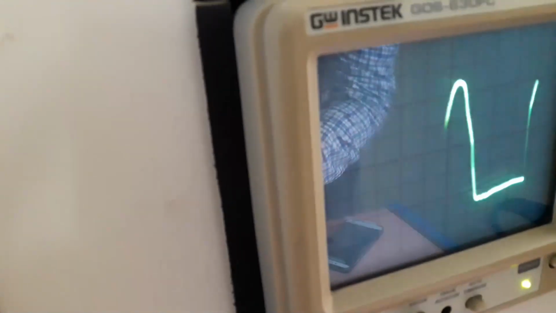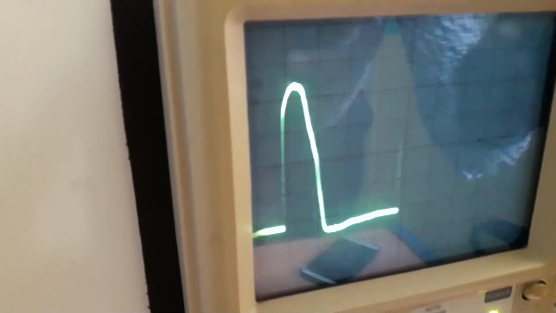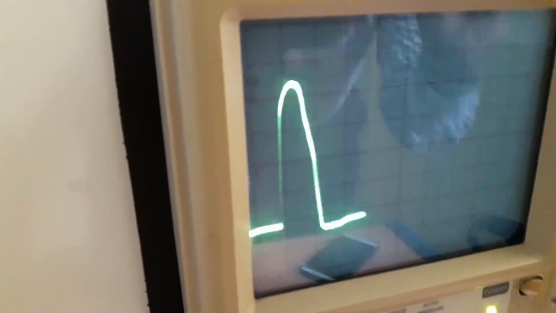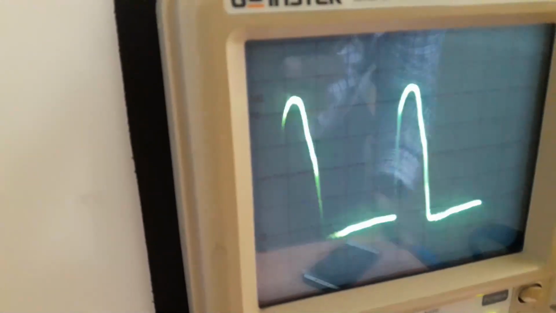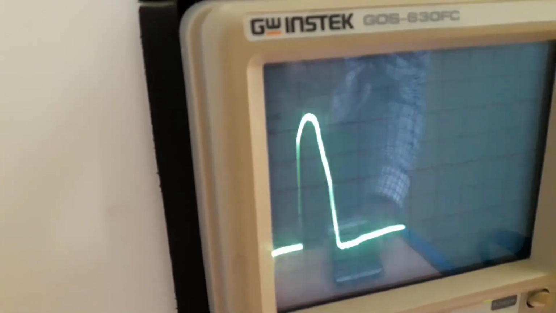Now I will increase R. See here, the beta is reducing. Now we will calculate the beta value. As we calculated, each subdivision is equal to 22.5 degrees. Now it is 5 subdivisions, so 5 times 22.5 is equal to 112 degrees.